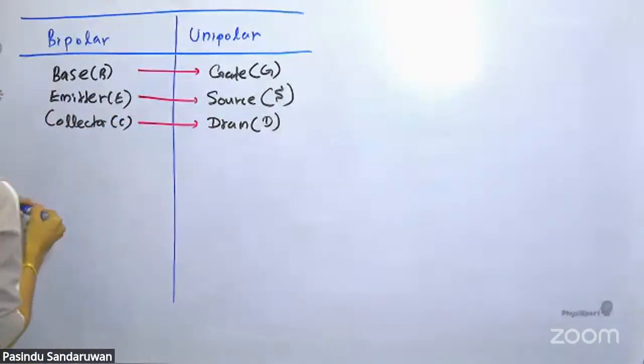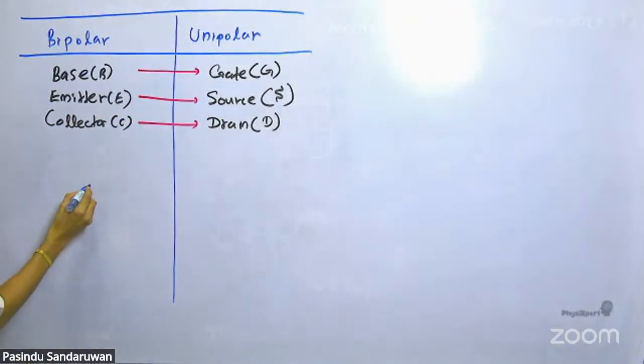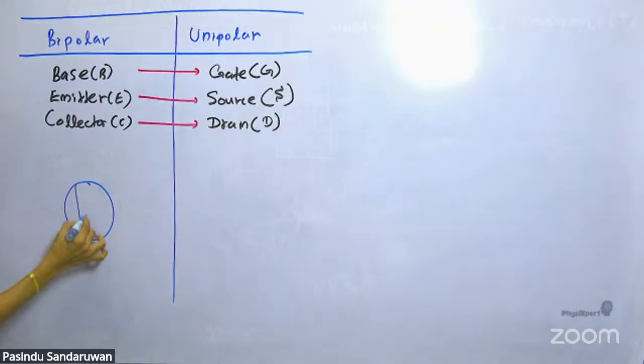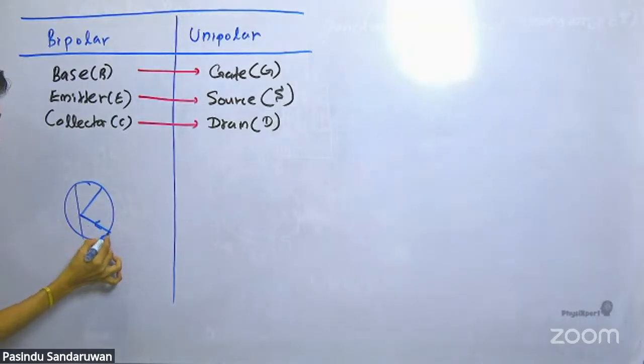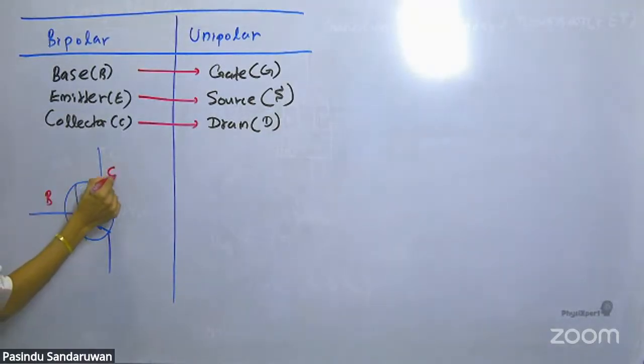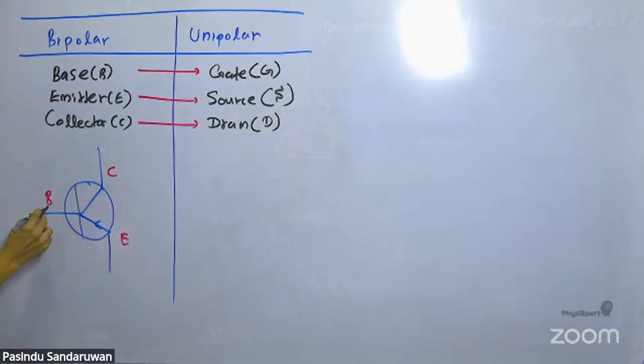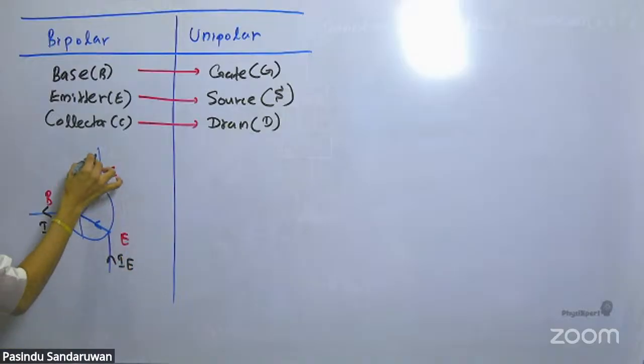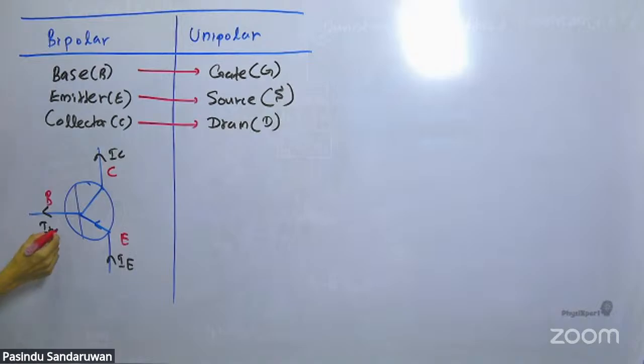Right, draw PNP. Identify terminals: base, collector, emitter. Mark currents, IB, IE upwards, IC upwards. Then potential differences. This is VEB from here to here.